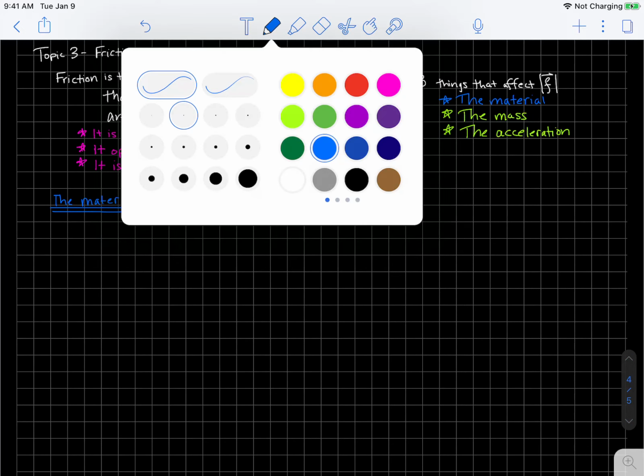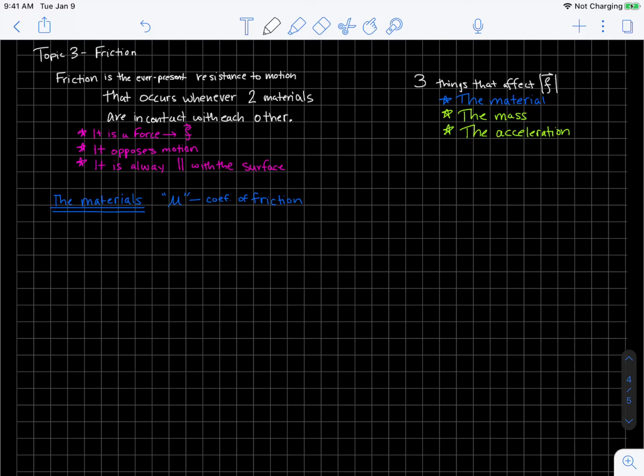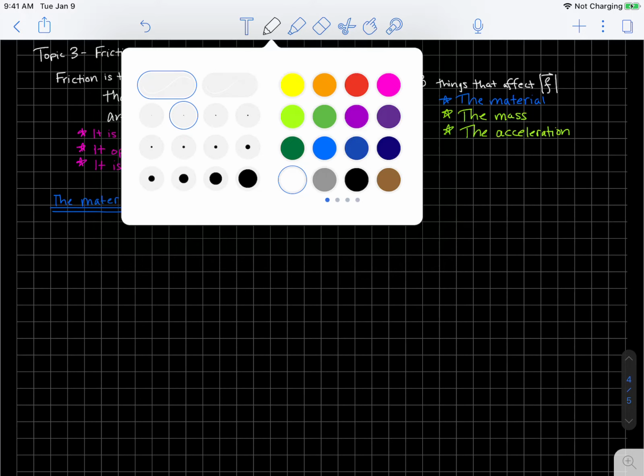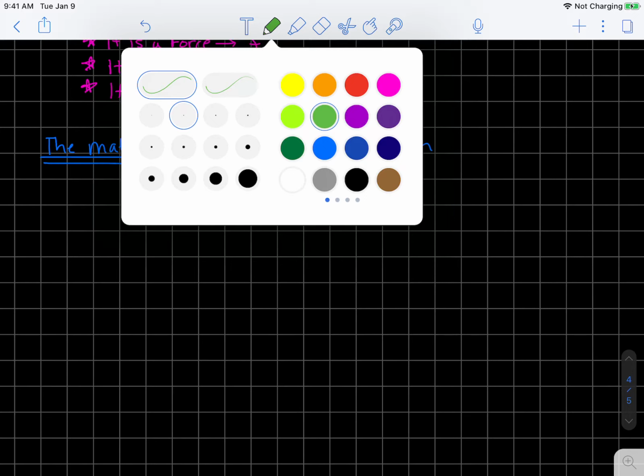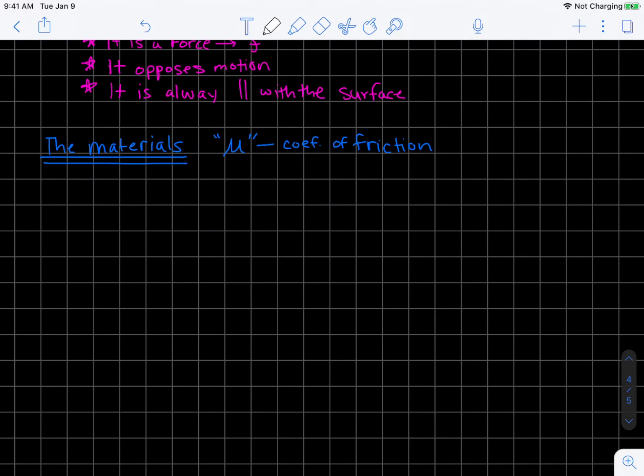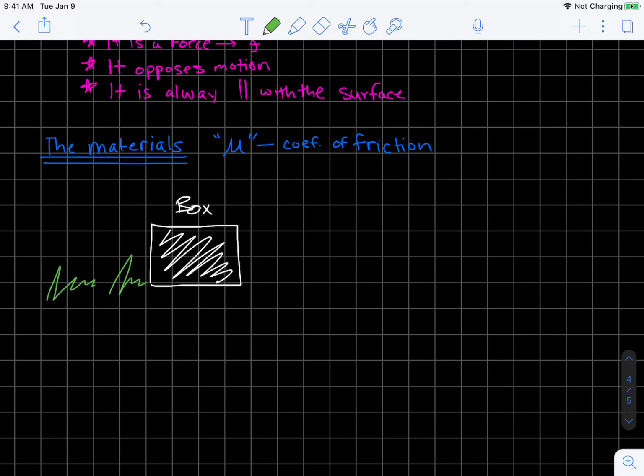So let's take a look at those 2 scenarios. The first scenario is a high coefficient of friction. For this picture, we're going to take a box and put it on a bunch of real thick grass that hasn't been mowed yet. So there's a lot of material in the way.